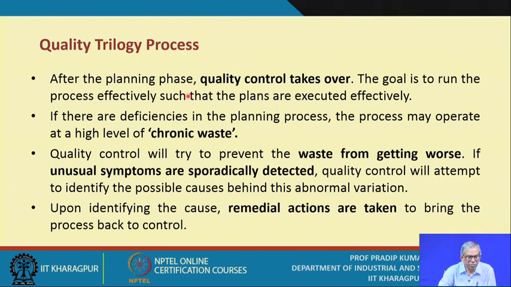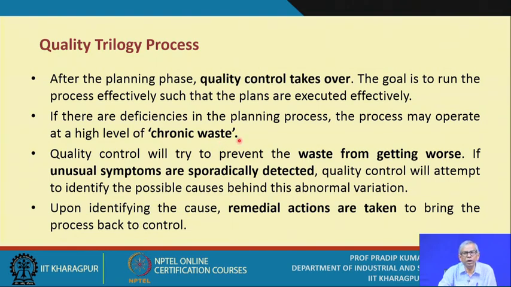After the planning phase, quality control takes over. So the planning is very, very important. Once the quality planning is over, you go for quality control. Here the goal is to run the process effectively so that the plans are executed effectively. This is well known. If there are deficiencies in the planning process, the process may operate at a high level of chronic waste.